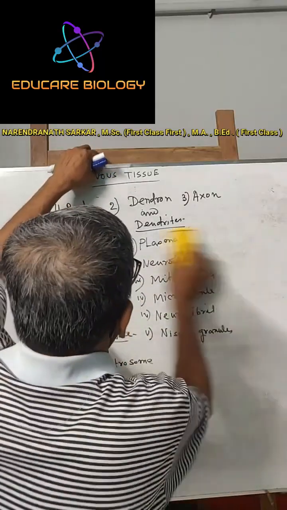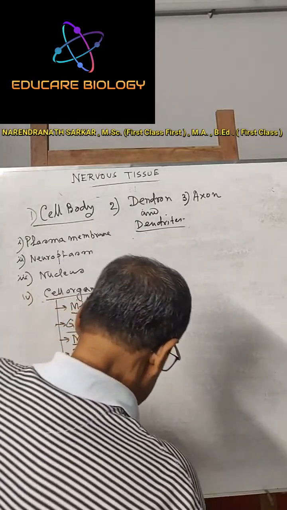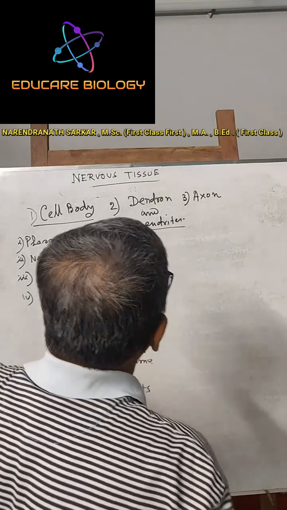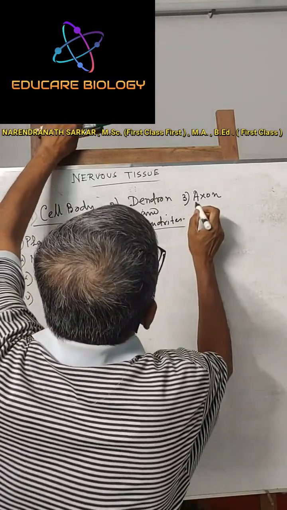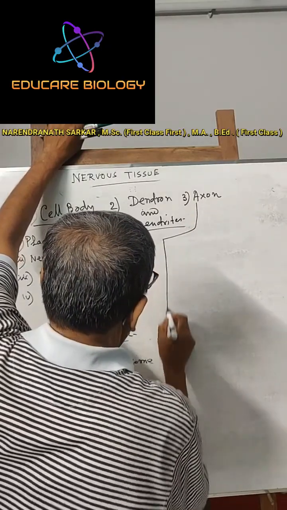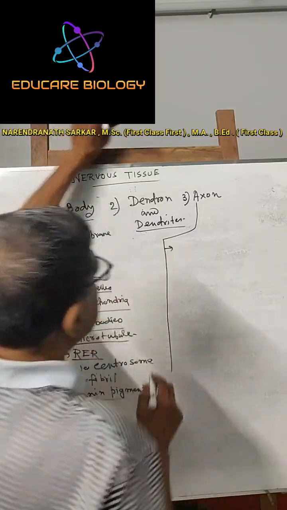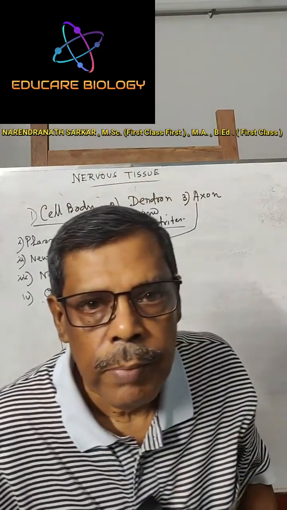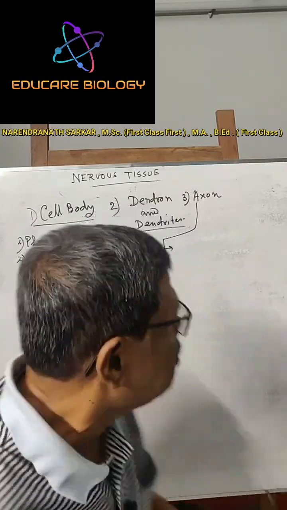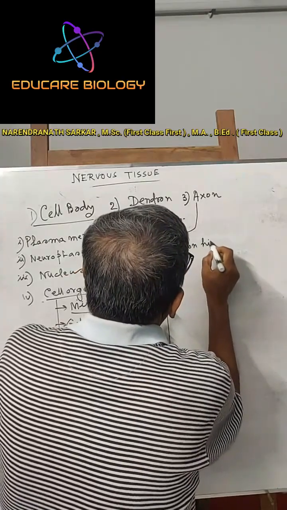Next, axon. This is the longest process of the neuron. It is divided into several parts. The part of the cell body where the axon arises is called axon hillock.